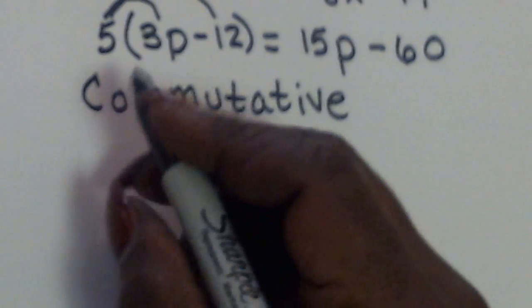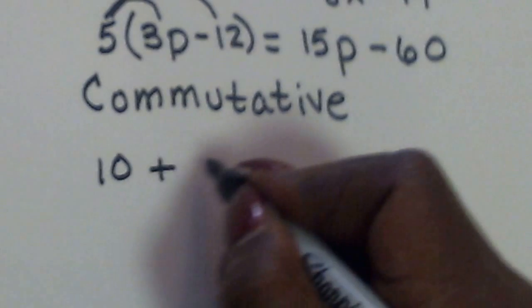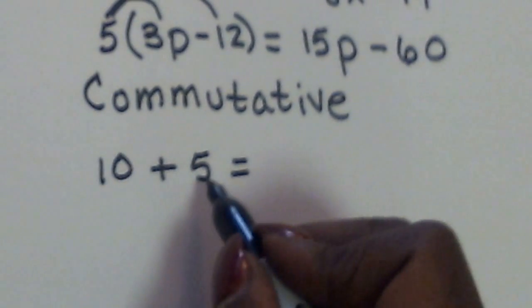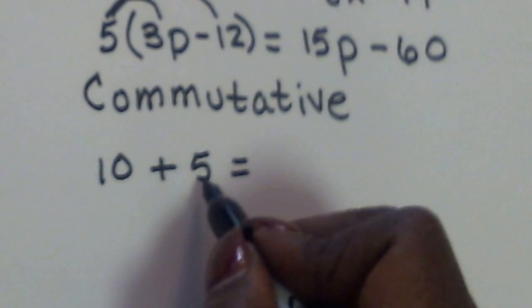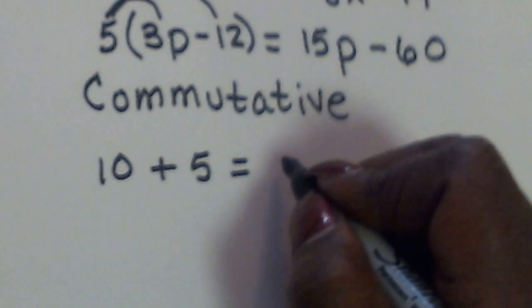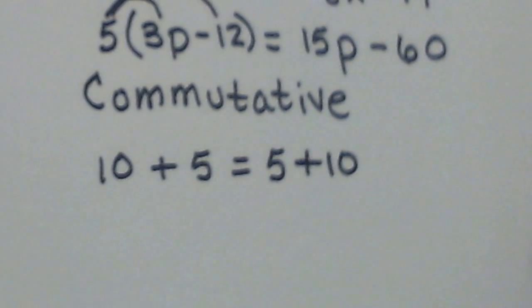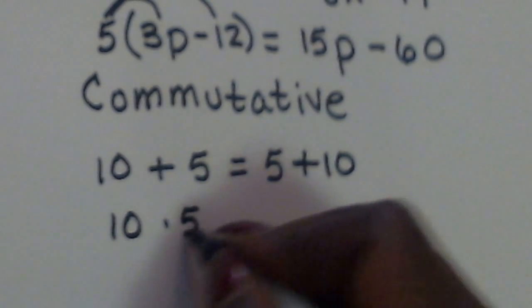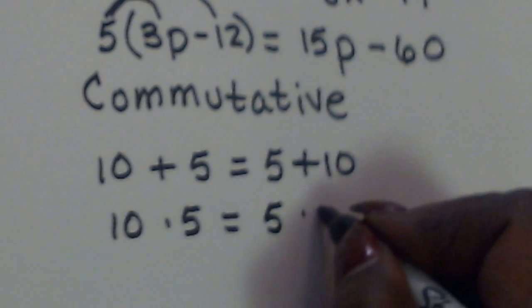So if I had an expression like this, let's see, 10 plus 5, I could have them move to a new location or switch places and get 5 plus 10. This also works for multiplication. If I had 10 times 5, I could switch places and get 5 times 10.